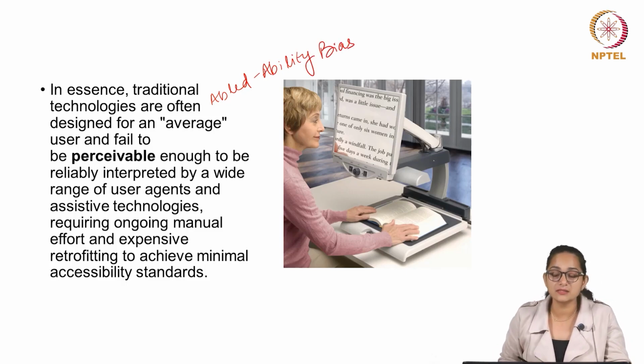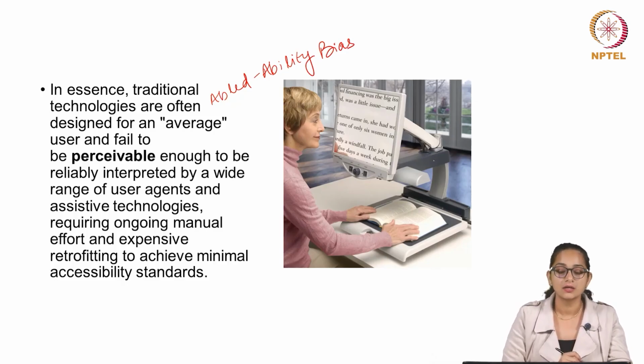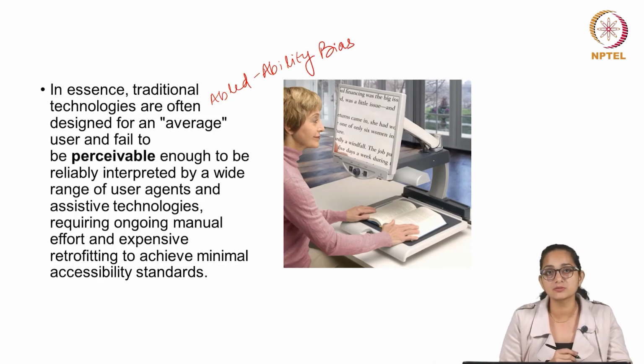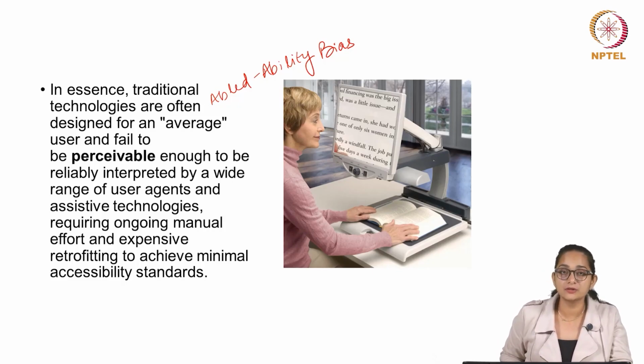These biases have resulted in the currently used technologies assuming that something which is visually communicating information is catering to a large number of audiences, while slowly people are realizing that multimodality is the way to go.